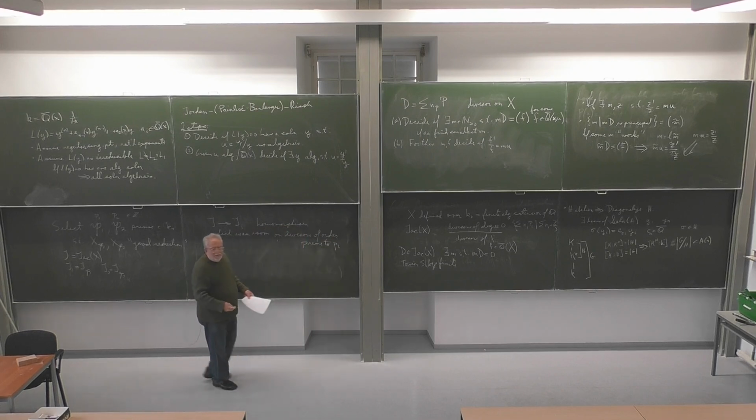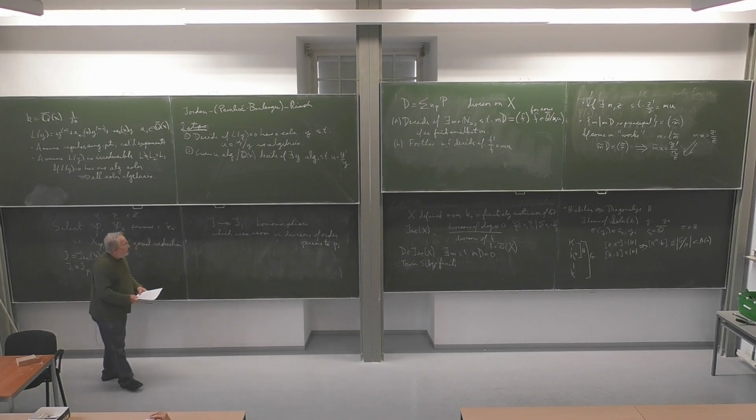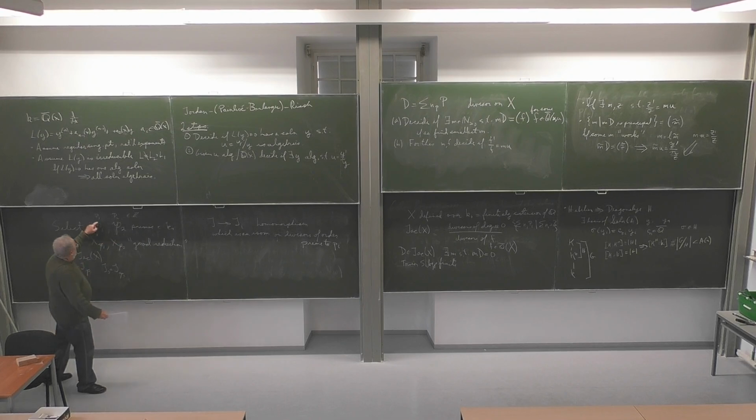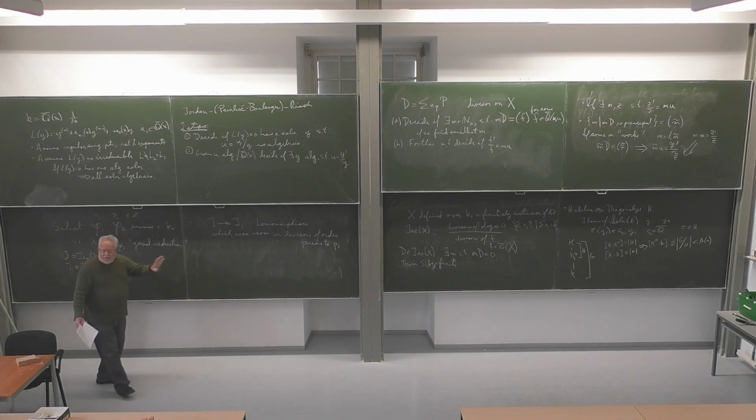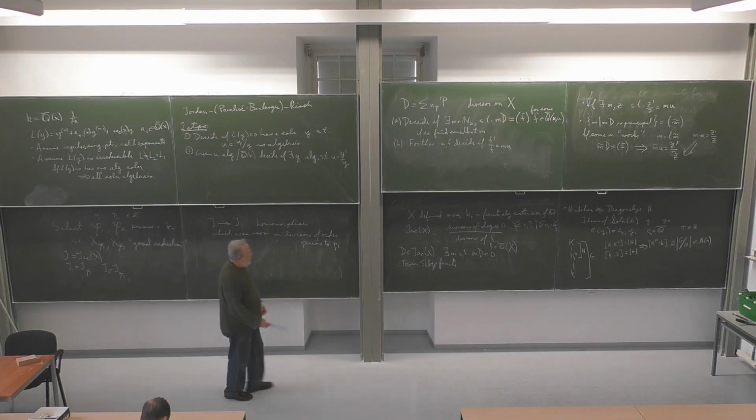So something can happen to divisors whose order is divisible by these actual primes living here, but for the others, it's okay.